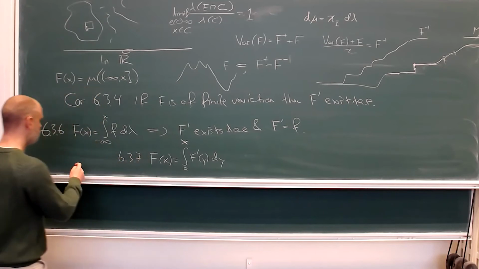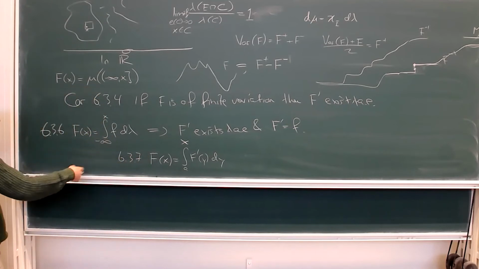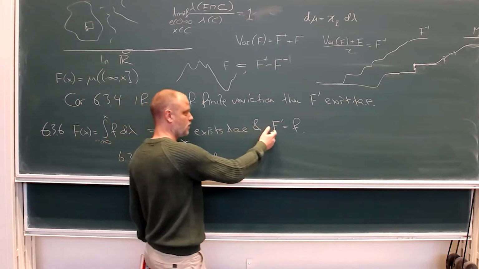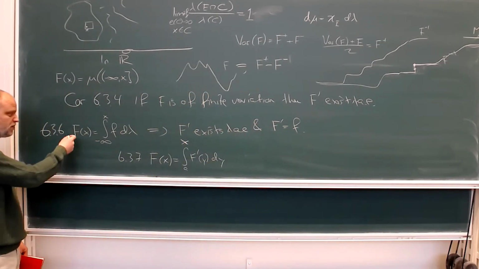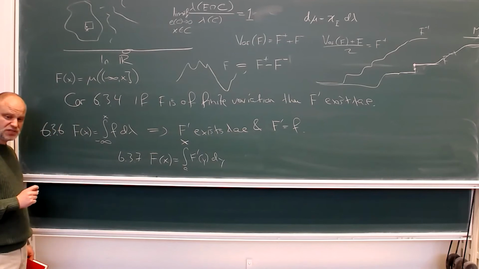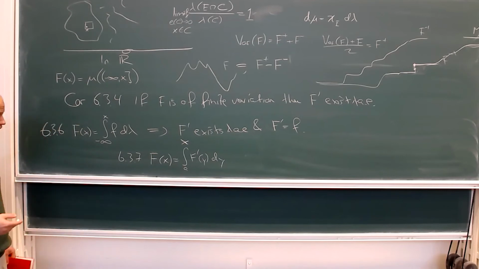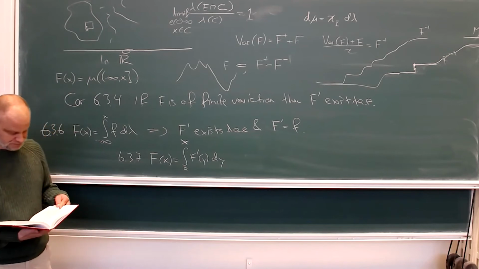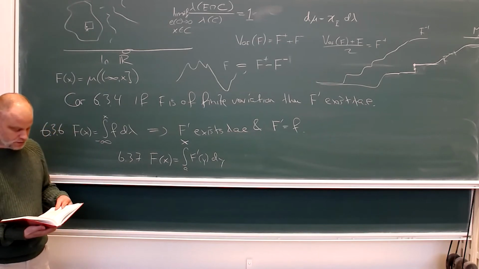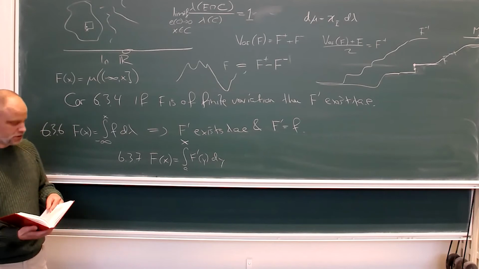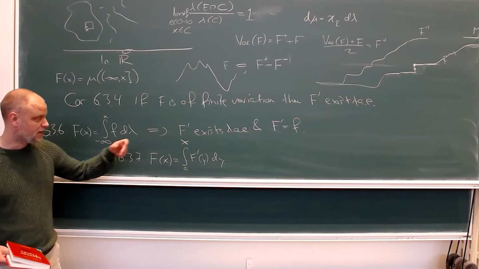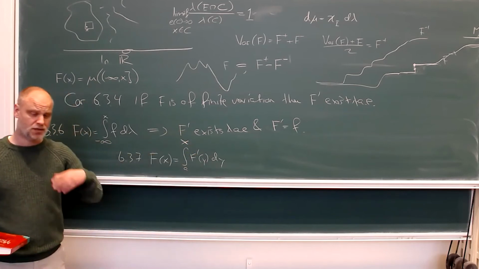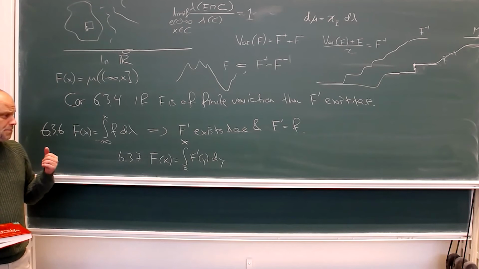Here we're given the function small f in the statement, and then we show that the derivative exists almost everywhere and they're equal. But we would like some sort of intrinsic definition here, right? And then here they say that absolute continuity of F is the same as having this formula. All right, so that's nice.